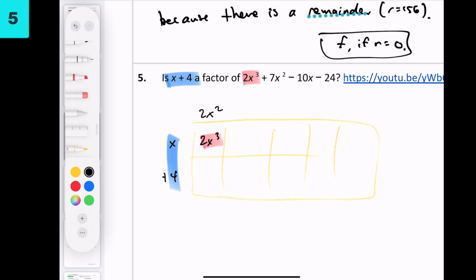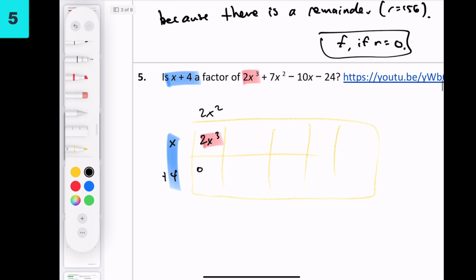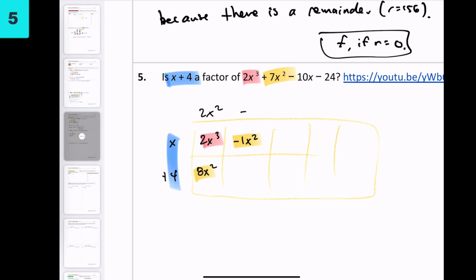Multiply, so that'll be 2x squared times x equals 2x to the third. 4 times 2x will give us 8x squared. This plus this equals 7x squared. So this will be a minus 1x squared. Minus 1x.